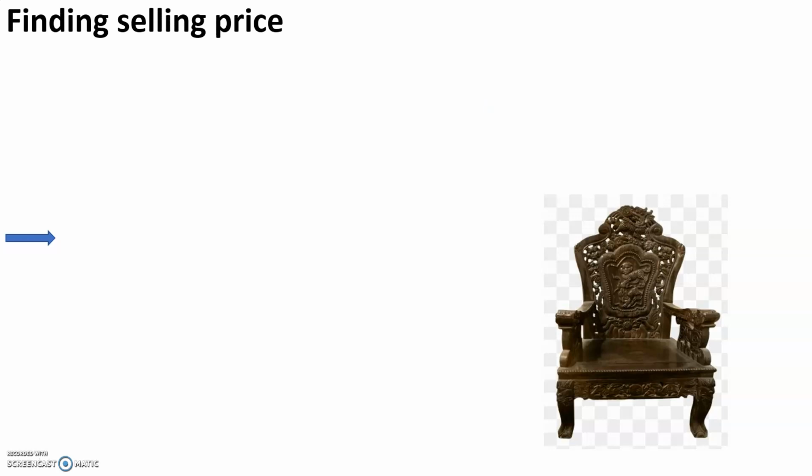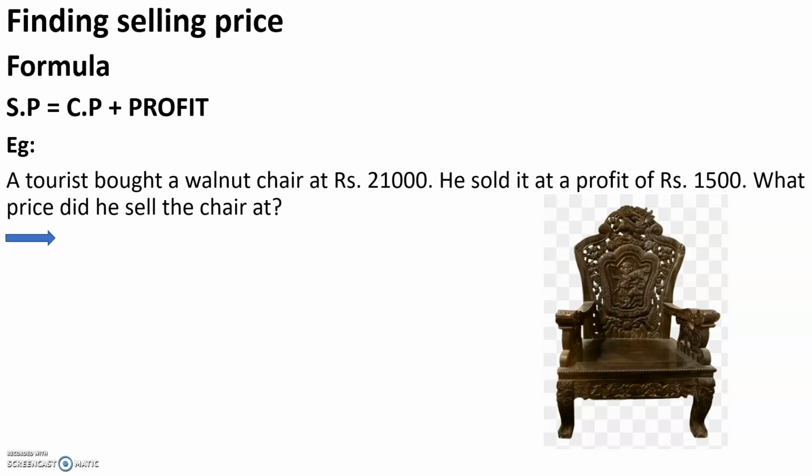Let's see finding selling price. Formula. SP is equal to CP plus profit. Let's see an example. A tourist bought a walnut chair at rupees 21,000. He sold it at a profit of rupees 1,500.